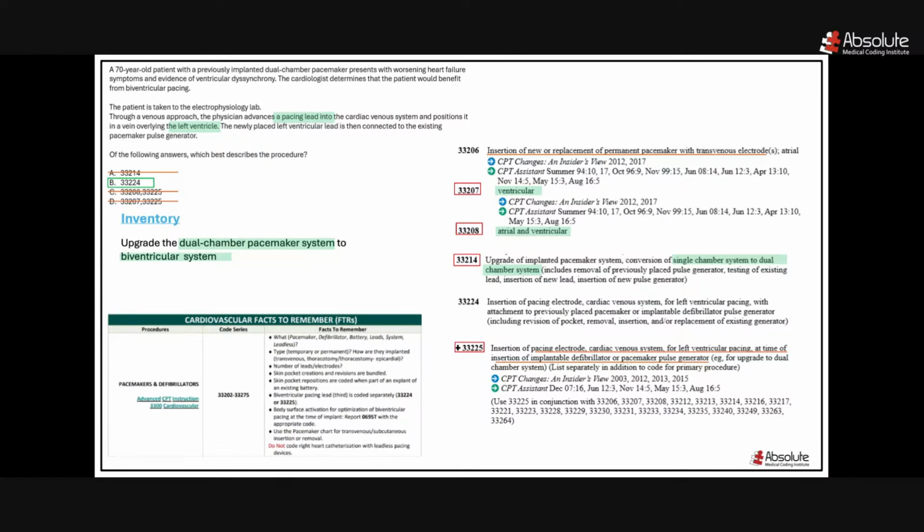So yes, there was a placement of the third lead, and that was attached to the previous pacemaker. And you can see it in our guidelines as well: for biventricular pacing, the lead is coded separately using code 33224 or 33225 accordingly, right?